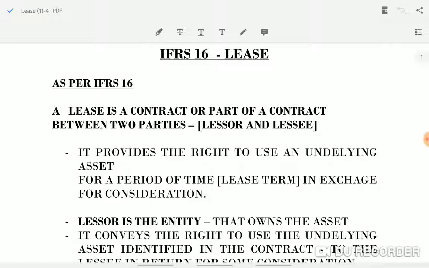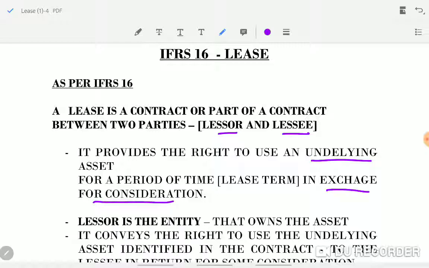Now we will see how IFRS 16 defines a lease contract. As per IFRS 16, a lease is a contract or part of a contract between two parties, that is lessor and the lessee. The contract provides a right to use an underlying asset for a period of time, which is usually a lease term, in exchange for some consideration.